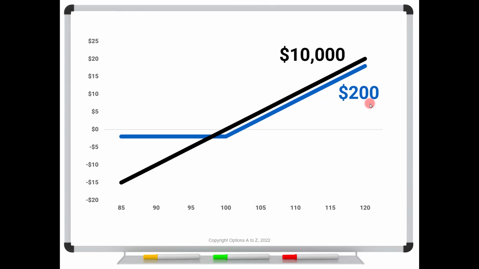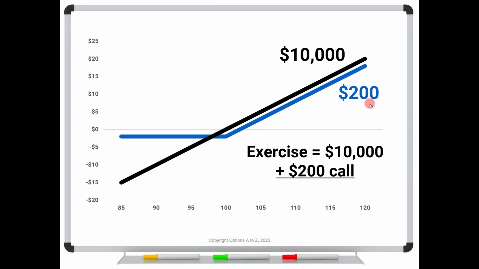But sometimes traders will say, no, I don't like this because I don't own the shares. I can always hold on to the shares. Well, that's not really true. You could always exercise the call. If you have the $100 call, you could exercise it, pay the $100 strike or $10,000 total. Then we also have to account for the $200 that we paid for the call.